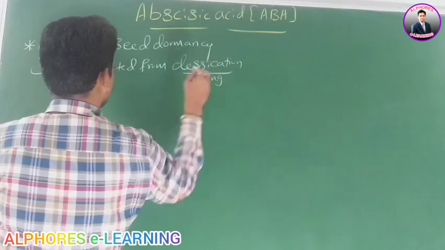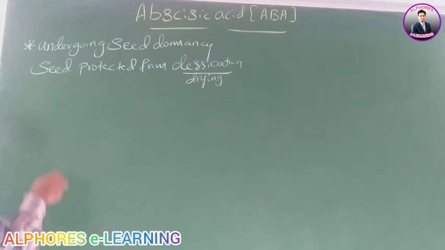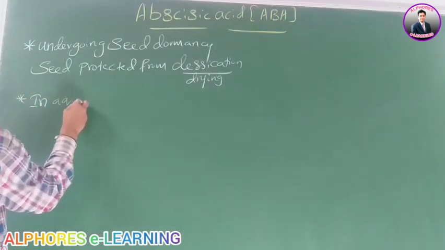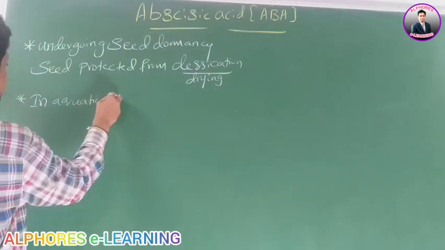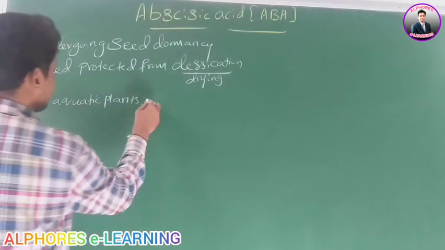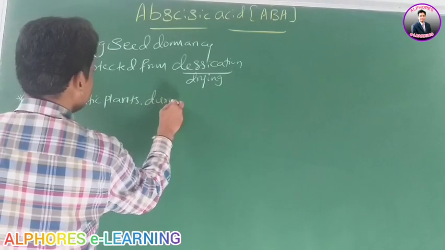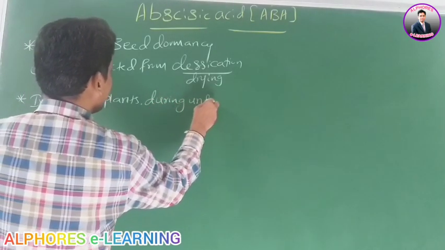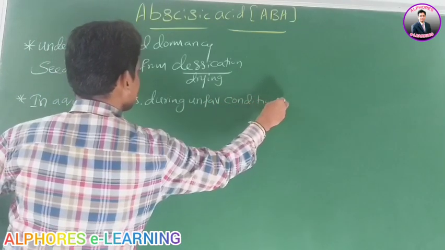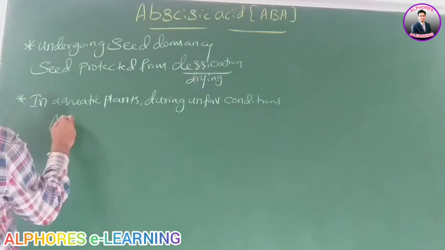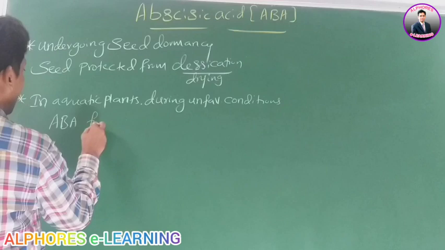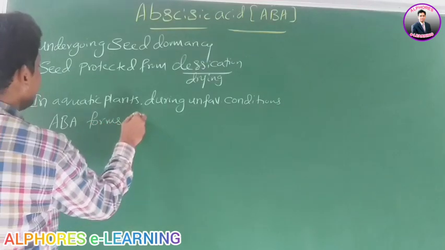Is it okay? In aquatic plants, that is hydrophytes, during unfavorable conditions, this abscisic acid, ABA, forms perennating buds.